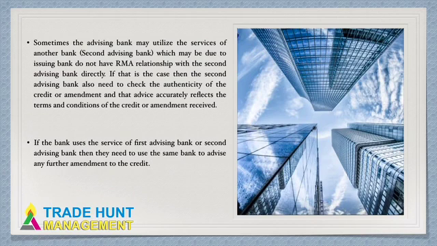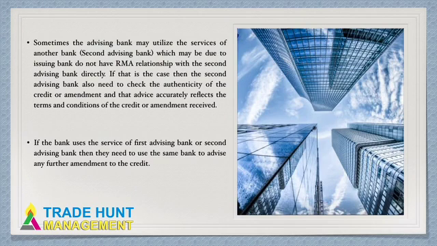So sometimes the advising bank may utilize the service of another bank, the second advising bank, which may be because the issuing bank does not have an RMA relationship with the second advising bank directly.